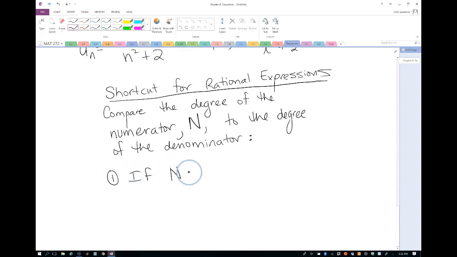If the degree in your numerator is larger than the degree in your denominator, then our series is going to diverge.